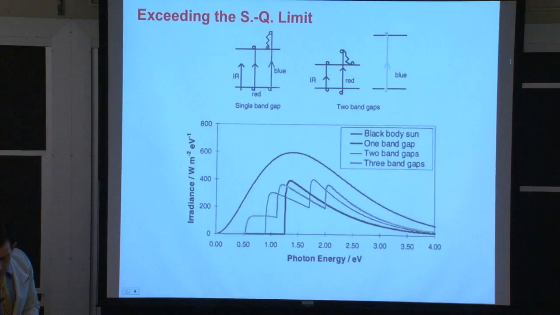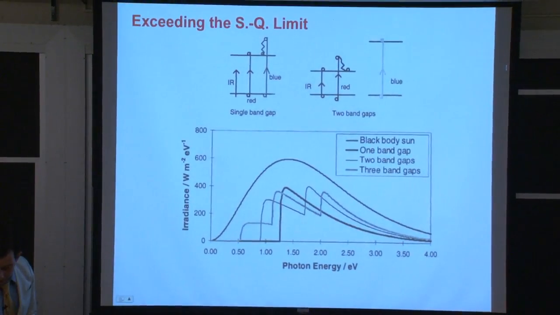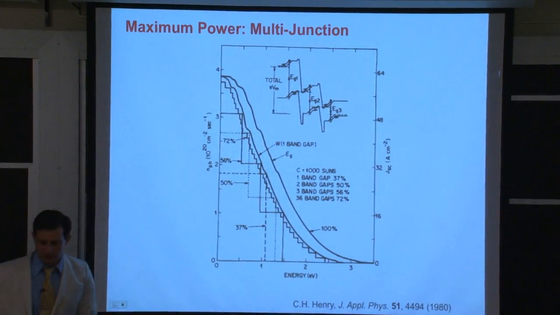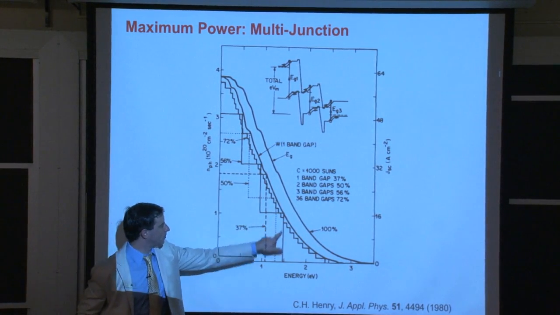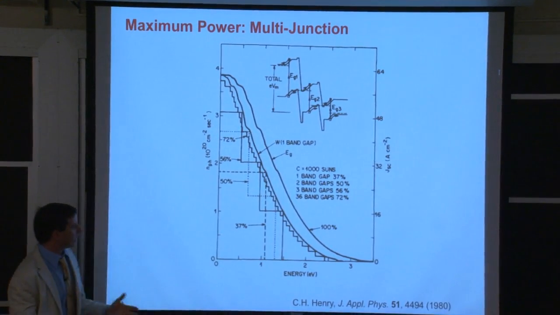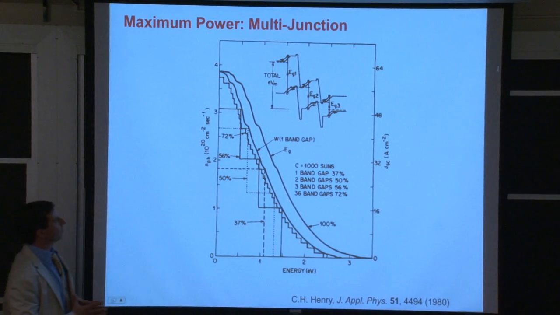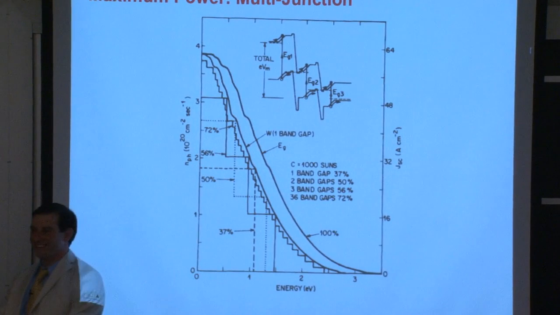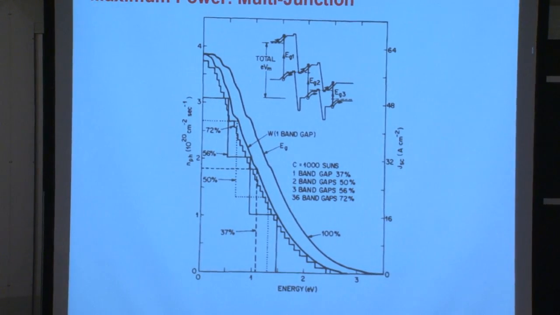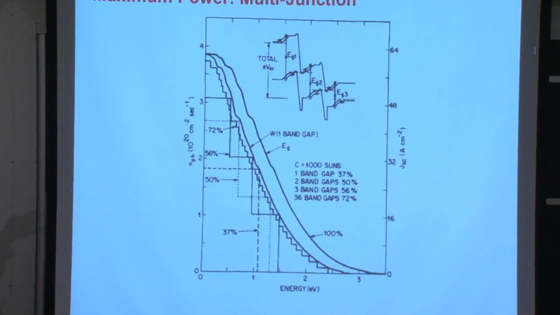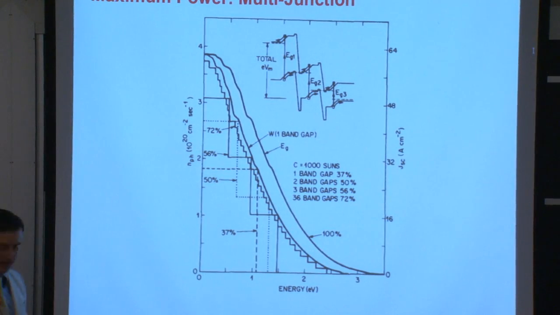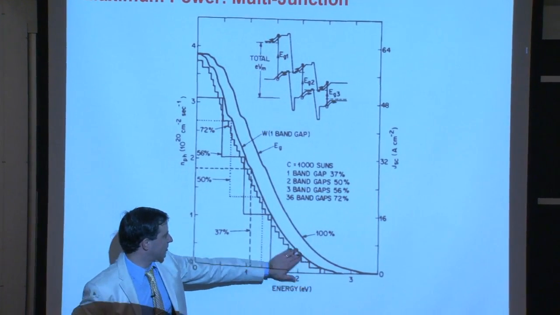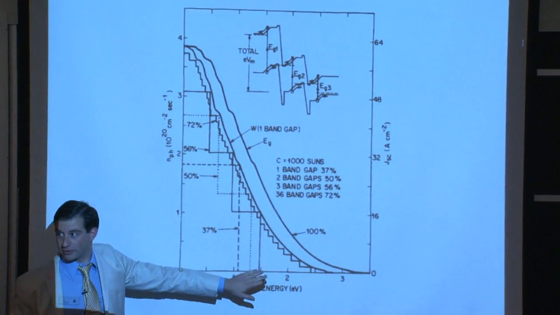So I'm going to go into one advanced concept, the multi-junction devices. We just talked about this box here representing the usable energy from the solar spectrum. Now if we go to an absurd case of 36 band gaps, if we imagine 36 materials with graded band gaps, starting from large band gap at the top to small band gap at the back, you can envision almost approximating that entire curve.